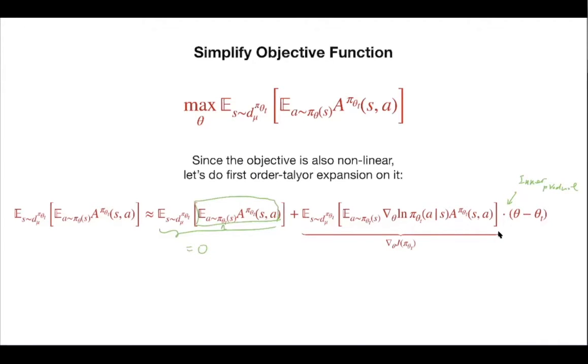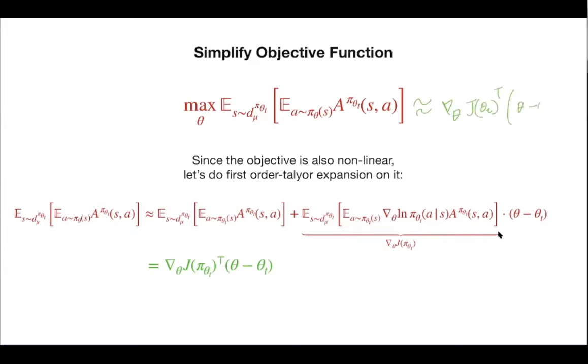Because we're measuring the advantage under its own policy pi theta t. There's no advantage, right? So this gets to a very nice simple expression, which is essentially the inner product between the gradient and the difference between theta and theta t. Let me just write this. Approximately equals to this.